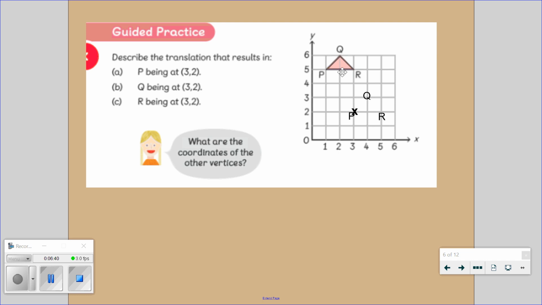So we move it 1, 2, 3 units downwards and 2 units across. So have a go with these. What if Q was moved to 3, 2? And what if R was moved to 3, 2? Where would the other coordinates of the vertices be?